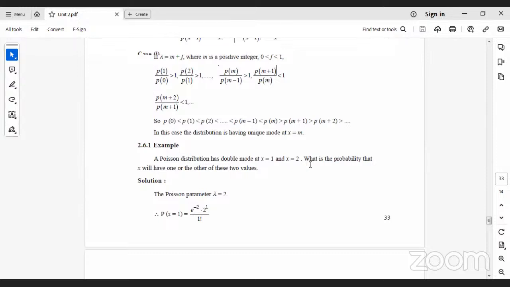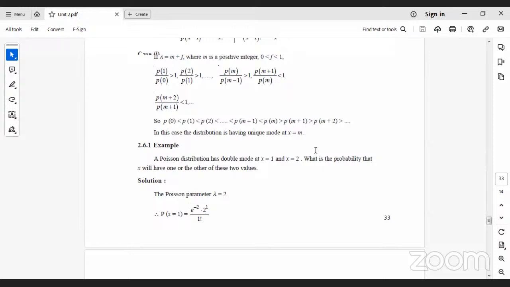Example we are taking here. A Poisson distribution has modes x is equal to 1 and x is equal to 2. What is the probability that x will have one or other of these two values?